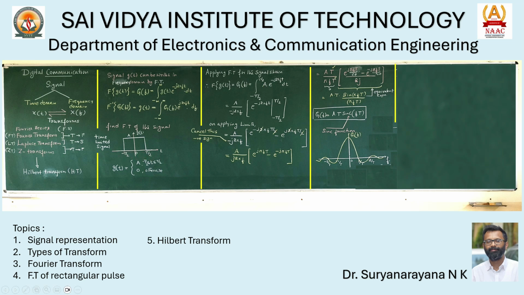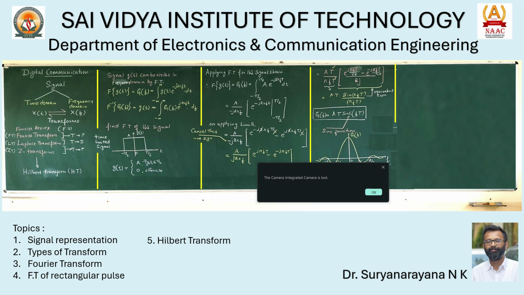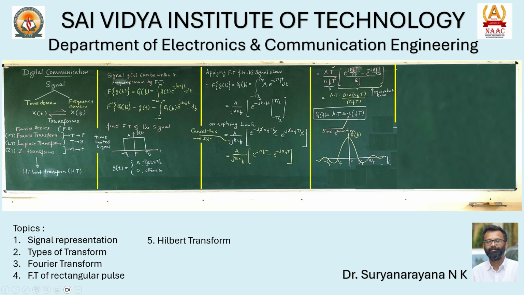It is A. So substituting the amplitude A and then simplifying, we are now going to get the intermediate expression A by j 2 pi f into e to the power of j pi fT minus e to the power of minus j pi fT after applying integration limits.